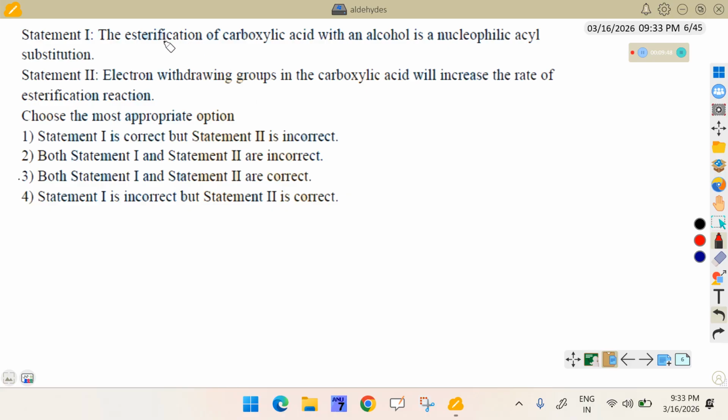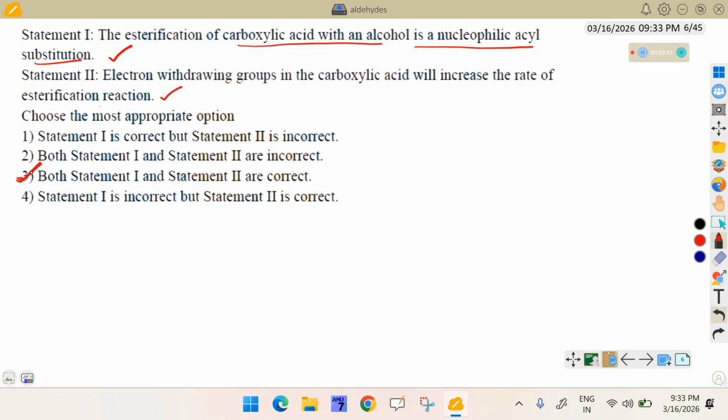The next question: esterification of carboxylic acid with alcohol is a nucleophilic acyl substitution. Yes, in the last video we discussed this. Statement 1 is correct. An electron withdrawing group in carboxylic acid will increase the rate of esterification reaction. Yes, statement 2 is also correct.